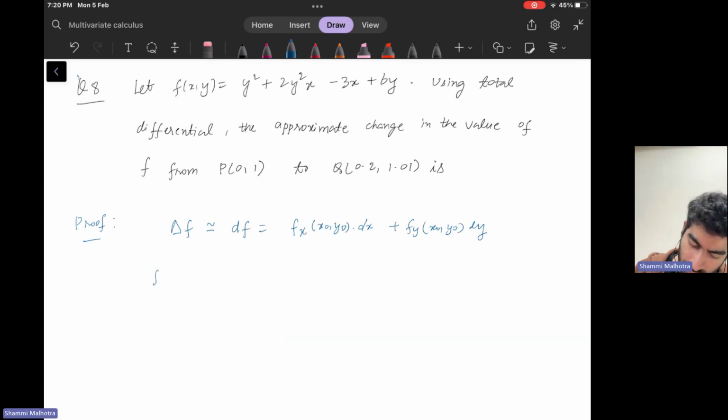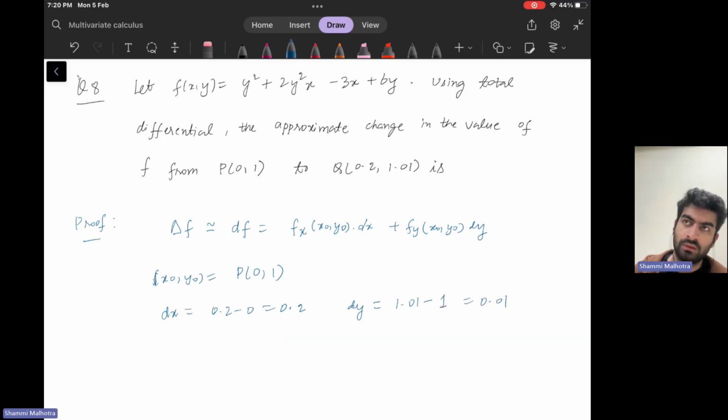The point (x0, y0) is point P, which is (0, 1), and my change in x is 0.2 minus 0, which is nothing but 0.2. Similarly, the change in y is 1.01 minus 1, which is 0.01.